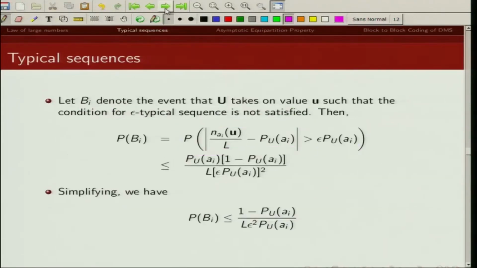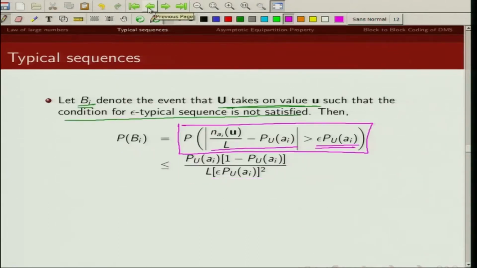By doing this, what we get is this expression. So the probability that u takes a value which is not a typical sequence is, now remember Bi is the event that this is not satisfied for Ai.